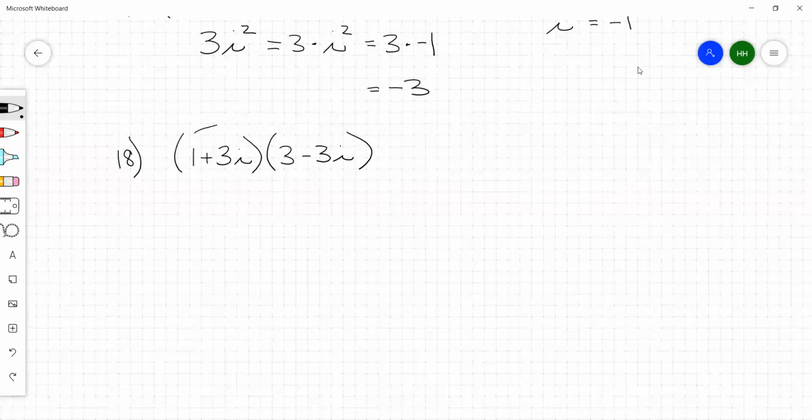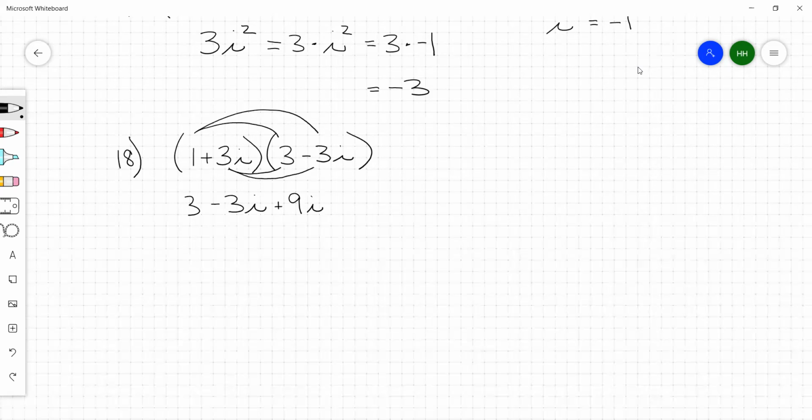So we got to take the 1 times the 3, which is 3, and the 1 times the negative 3i, which is negative 3i. And then 3i times 3, which is positive 9i. And then 3i times negative 3i, that's going to be negative 9i squared.